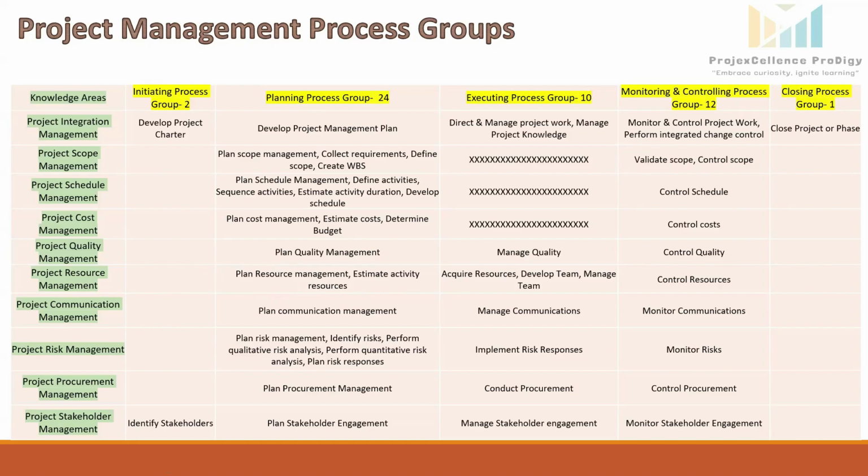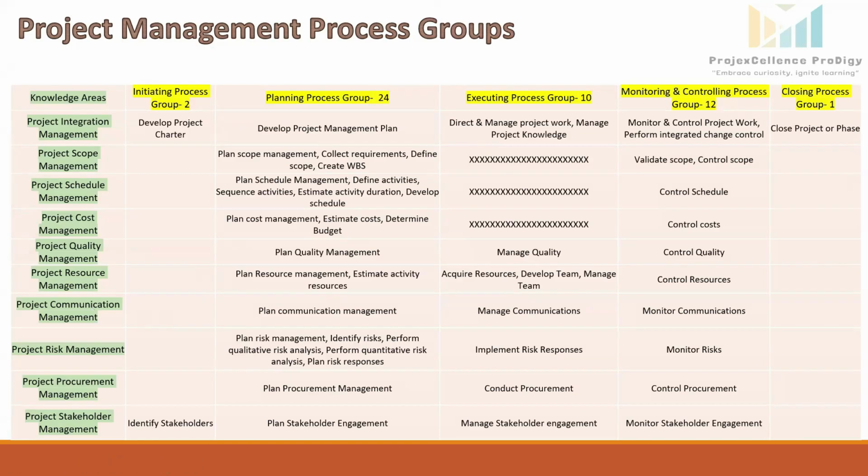So team members' roles, responsibility, and reporting will be defined. And the second process, estimate activity resources. The resources needed will be determined for each activity, including person, equipment, and materials. So resource requirement list will be the output of this activity.